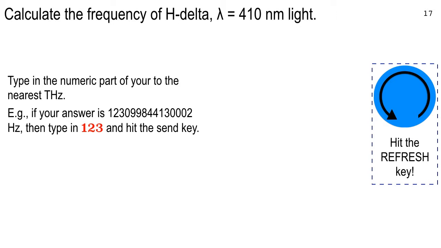And that big ginormous number, 123099844, that's just me typing in digits. That's 10 to the 12 of something, or 100 times 10 to the 12 of something, but you round it off to 123 terahertz. All right?